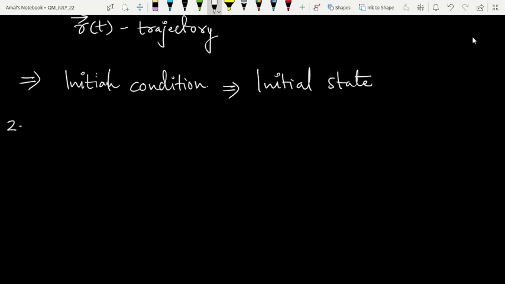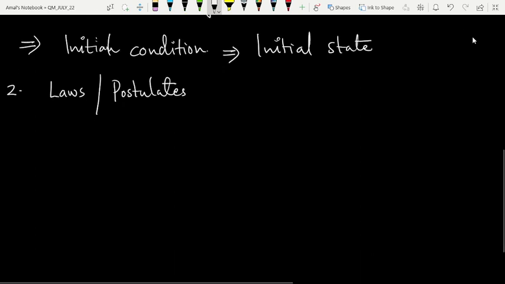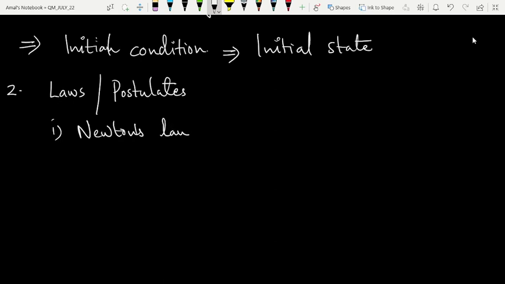For that, we need some laws or postulates which we know, Newton's law. Newton's second law says that the rate of change of momentum dp by dt is equal to the force.